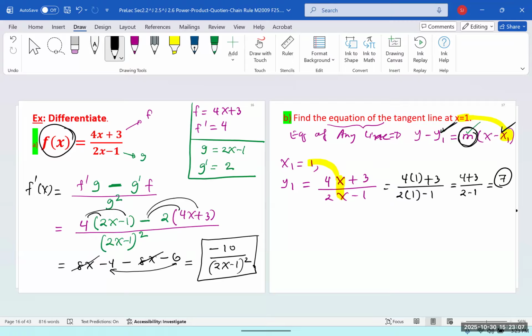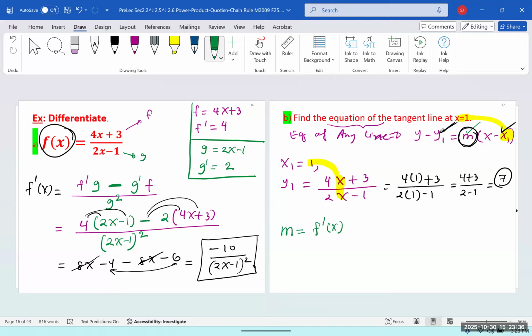How do you find m? Delta y over delta x is for a line, but here we don't have a line, we have a quotient. What's another name for slope? Derivative. So the slope is the derivative, f prime of x, but the derivative is an equation.